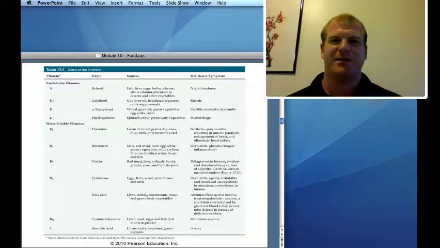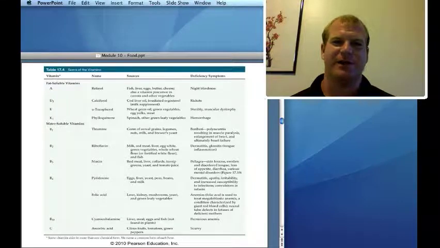Some of the idea is that in climates where it gets dark, like in Alaska or Siberia, before modern exchange of trade, people could survive by storing their fat-soluble vitamin D in their tissues and then using it during the winter time. Vitamin E is an antioxidant.